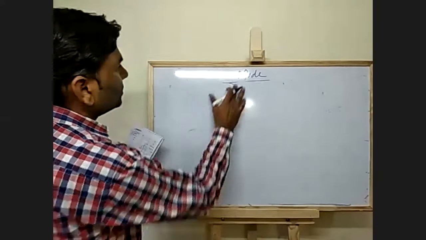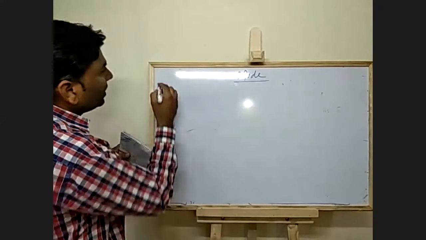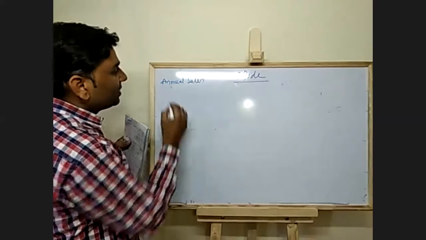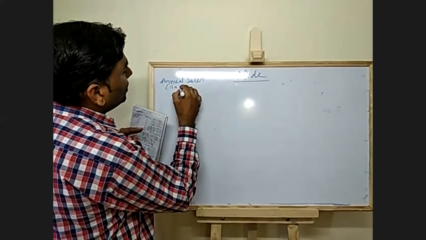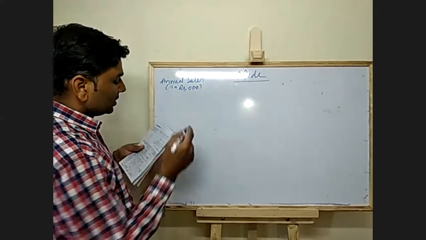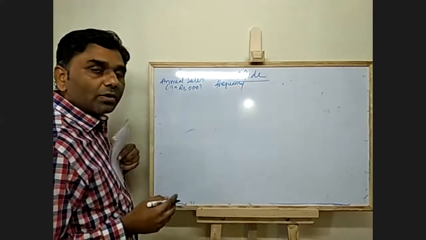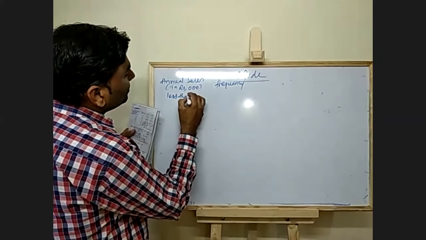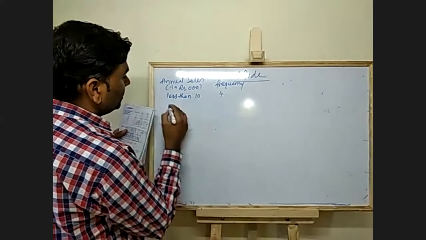Now in this type of data, they have given you annual sales in rupees thousands, and they have also given you frequency. They have given two data. Here they have given less than 10, frequency is 4.